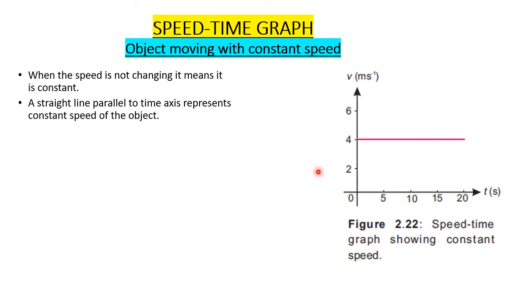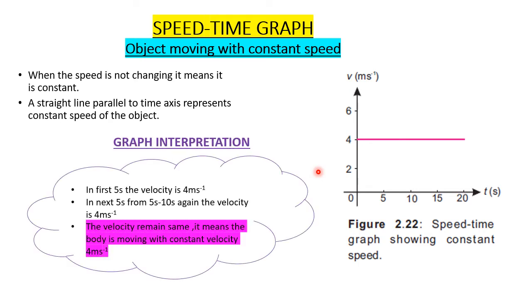Now there is a very important thing, that is graph interpretation, and you should know how to interpret a graph. So please listen carefully. When you start analyzing the graph, you should start from 0. When you start moving, the time starts running.